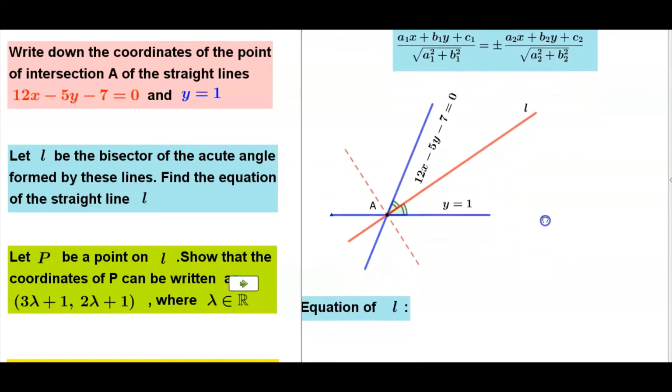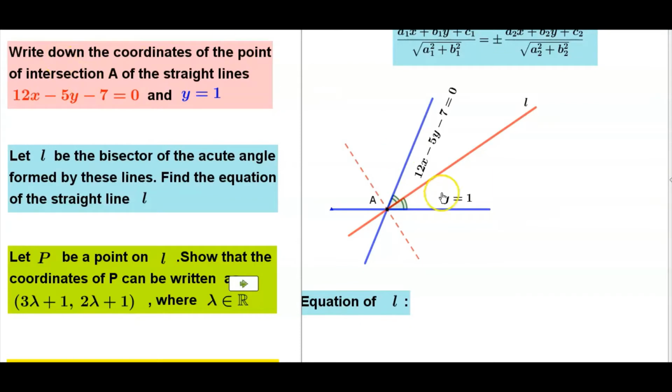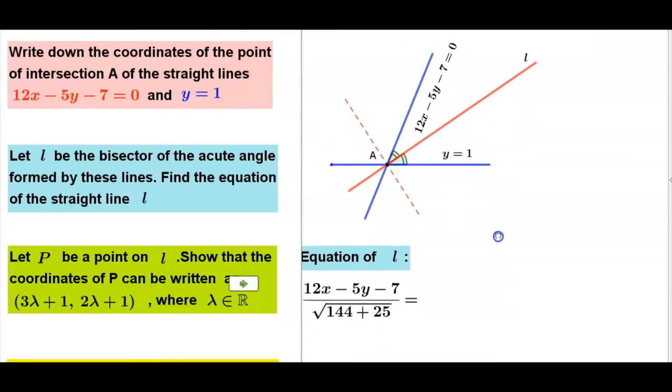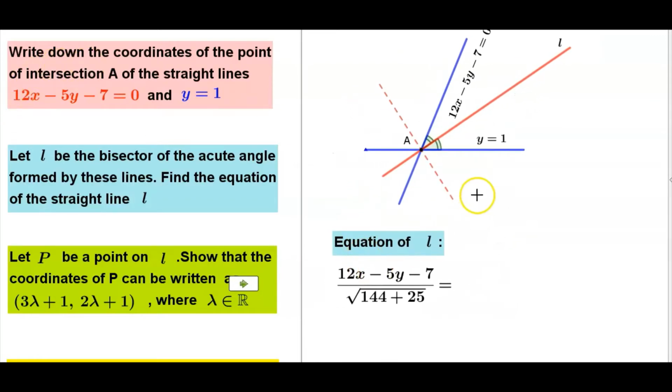The equation of L is: (12x minus 5y minus 7) over square root of (12 squared, that is 144, plus (minus 5) squared, that is 25) equals plus or minus (y minus 1) over square root of (coefficient of x 0, and coefficient of y 1, that is 1 squared).